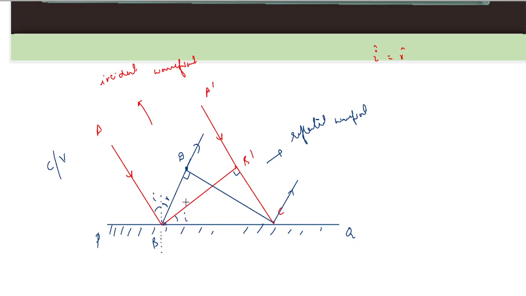This whole angle should be 90 degrees because n dash is normal to the surface PQ. If the angle between the normal and BD is r, then this angle here should be 90 minus r. For the triangle BDC, I'll highlight the triangle.